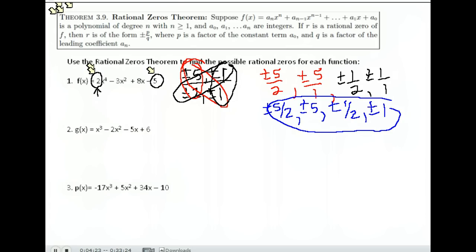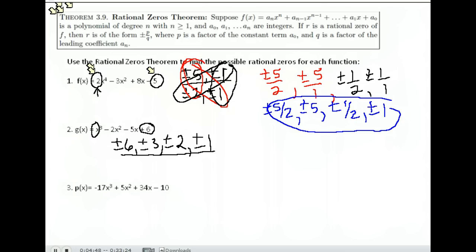Let's do this next one. Again, to check for rational zeros, you do the factors of the constant, or the number without a variable next to it. It won't necessarily be on the end. Factors of 6: 6 times 1 is 6, and 2 times 3 is 6. So 6, 3, 2, and 1 are the factors of 6.